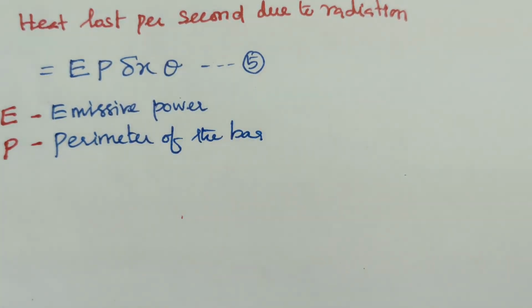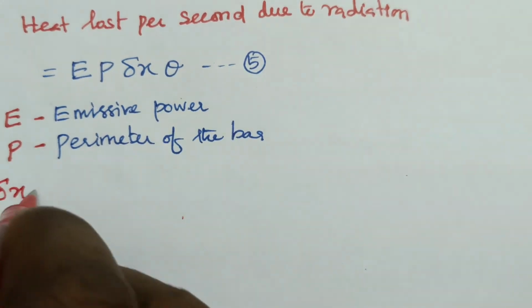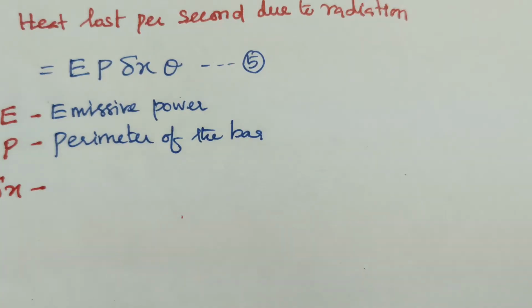What is perimeter? Perimeter is nothing but the whole length of the body with all the surface area. So on the rectangular body top, bottom, side, all the length of the body, that's the perimeter of the bar. Then del x, surface area of element.